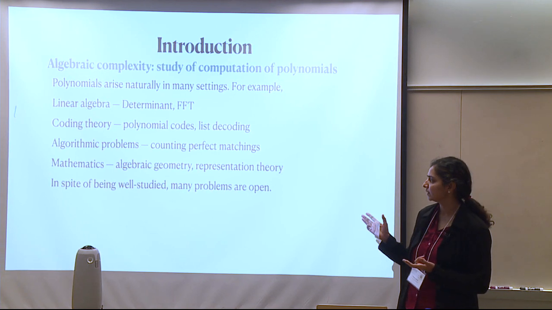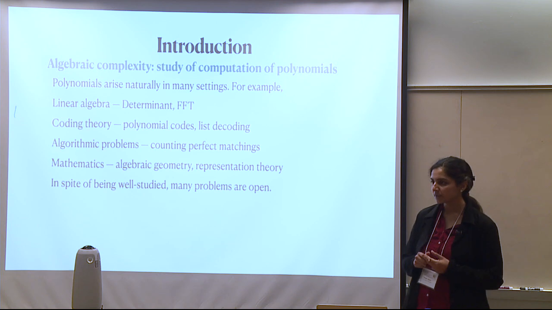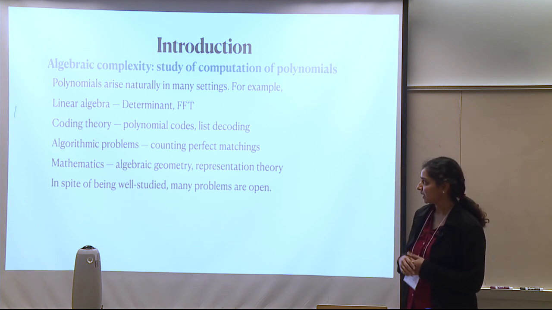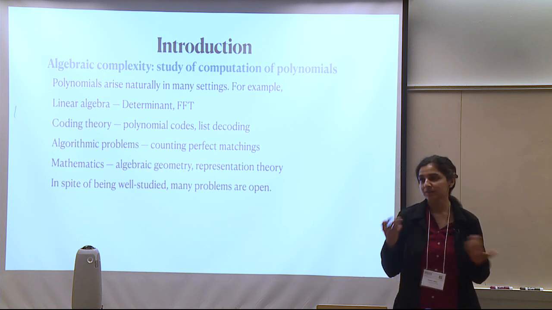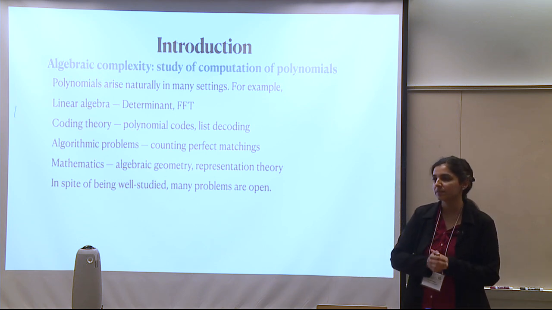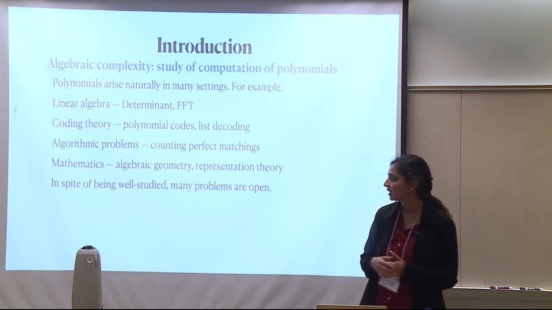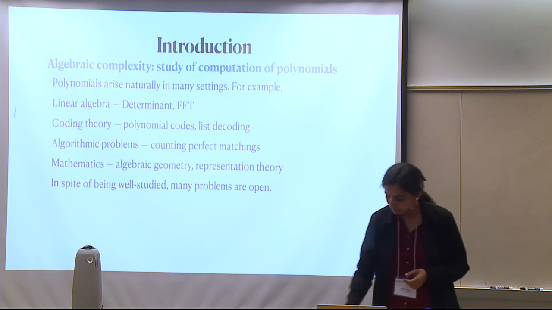They come up in many algorithmic problems like computing the perfect matching, where there is an underlying polynomial. They come up in mathematics, in linear algebra, and in coding theory. Some of you attended the coding theory session this morning and must have seen the Reed-Solomon codes, which are basically polynomials. So they come up naturally.